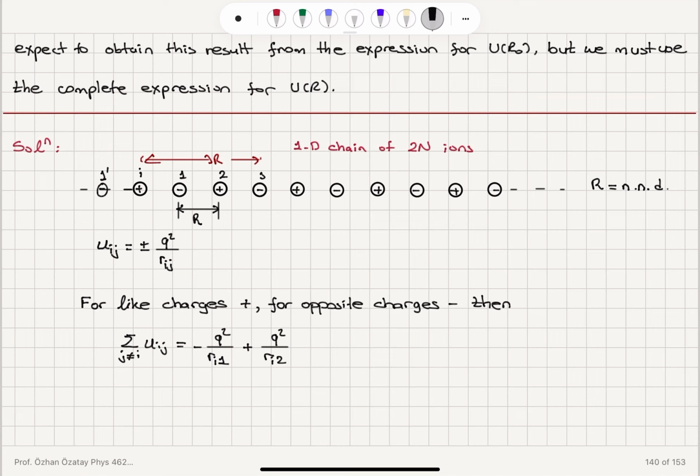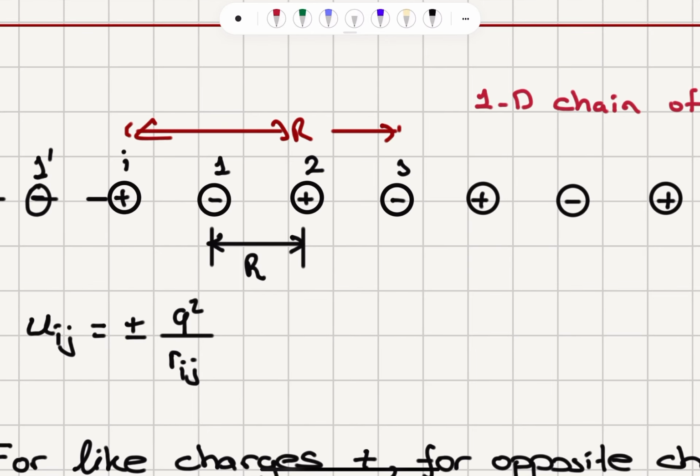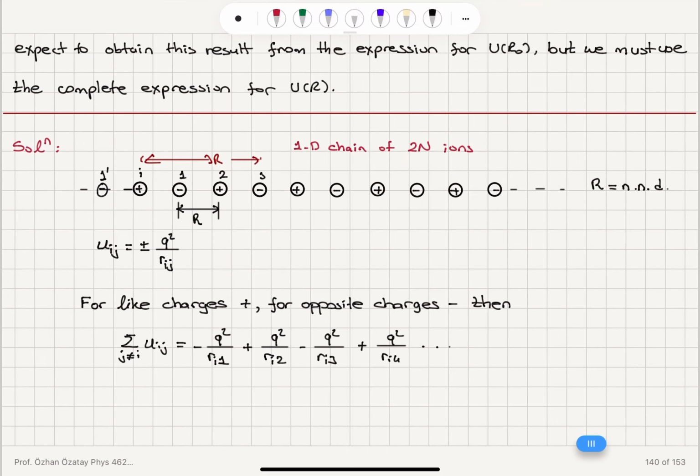And then for the third one, it will be attractive, minus Q squared over Ri3. And for the fourth one, it will be repulsive again, plus Q squared over Ri4, etc. So this will continue like this. So for the first one, plus minus is negative, second one plus plus is positive, so negative, positive, negative, positive.